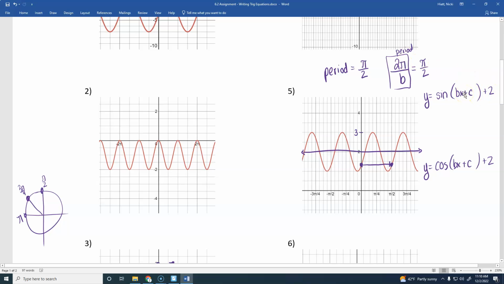Or if it's a difficult one where you can't figure that out just by looking at it, you can solve this by cross multiplying. So you would have pi times b equals 4 pi. And then you could divide both sides by pi. And b would equal 4. So we would have y equals sine of 4x plus c plus 2.